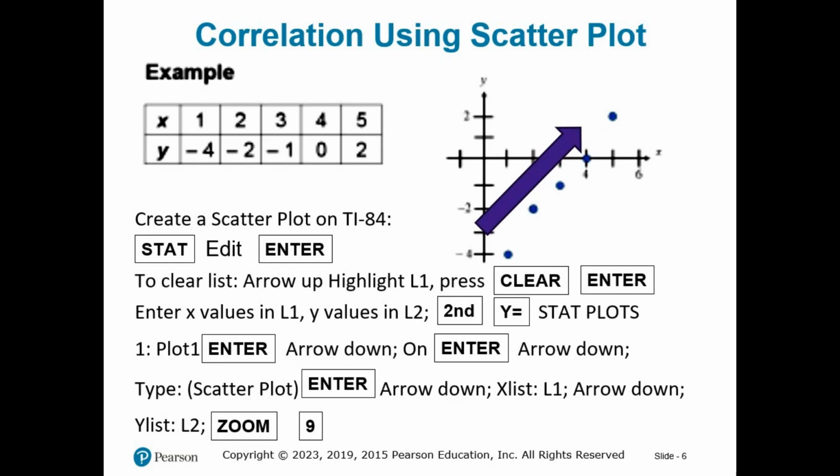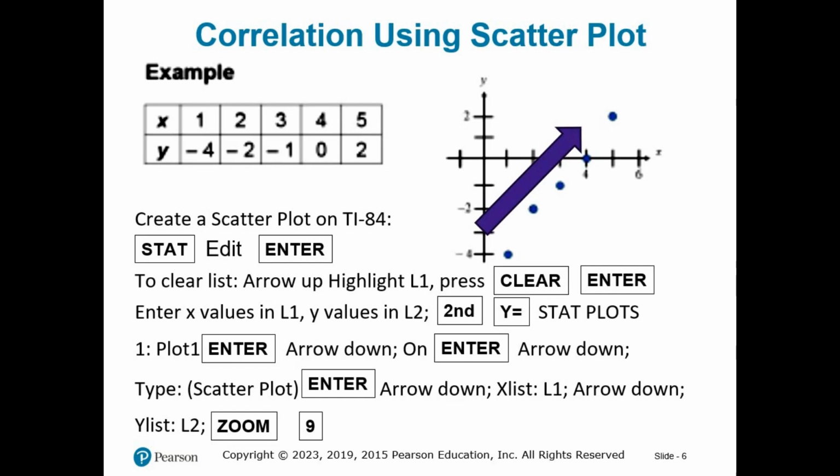When you finish that, press the second button, then the y equals button. Then select Stat Plots menu and select 1 Plot 1 and press Enter. Now arrow down and select On and press Enter to select it.